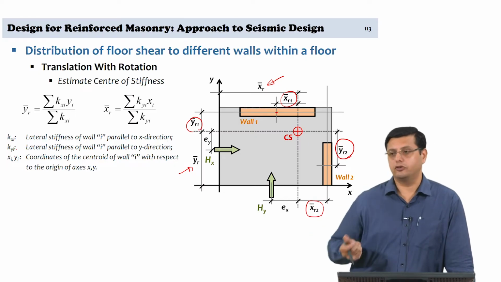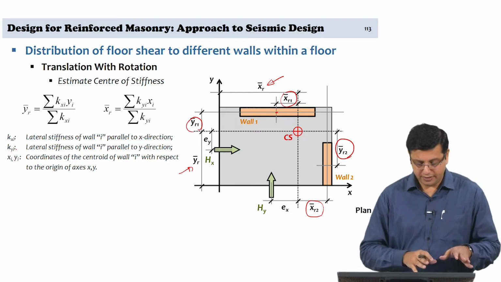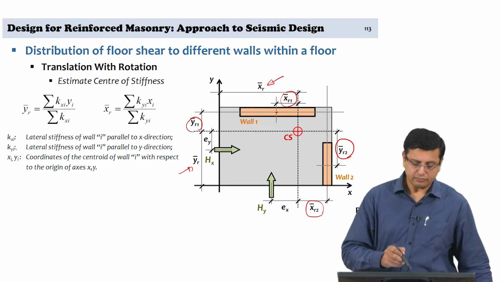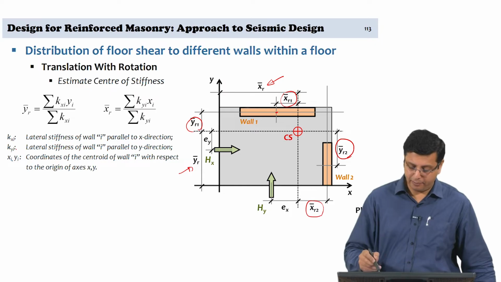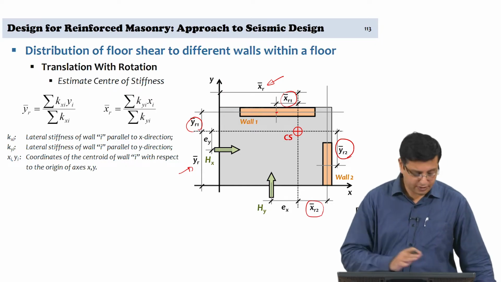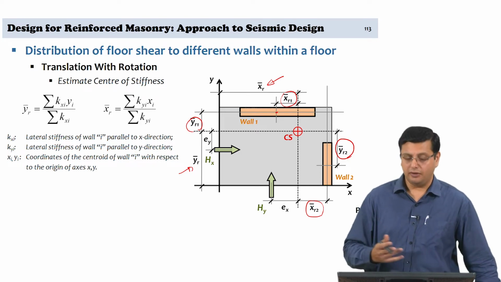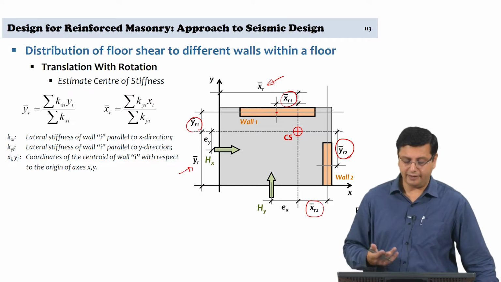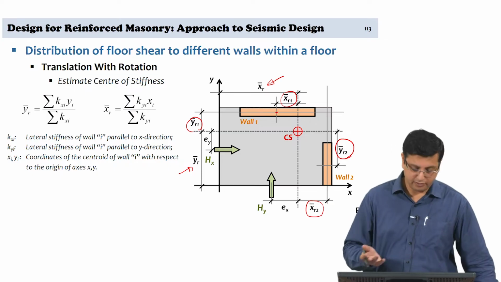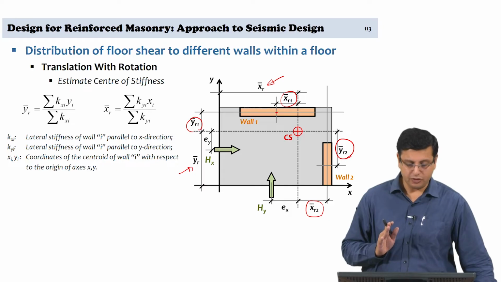You can also estimate the out of plane stiffnesses if you want to do a more rigorous calculation. So, the first step is estimating the center of stiffness, defined here by x bar and y bar, with respect to the origin that you have established. Depending on how complex your wall configuration in the plan is, this can become involved, but as you can see, it is straightforward geometry based estimation.